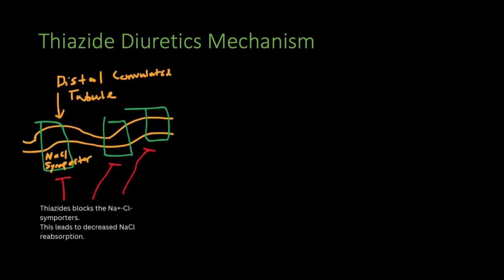This is a diagram of the thiazide diuretics mechanism. In this diagram, you can see probably three green squares. I drew it for educational purposes to illustrate how thiazide diuretics work.